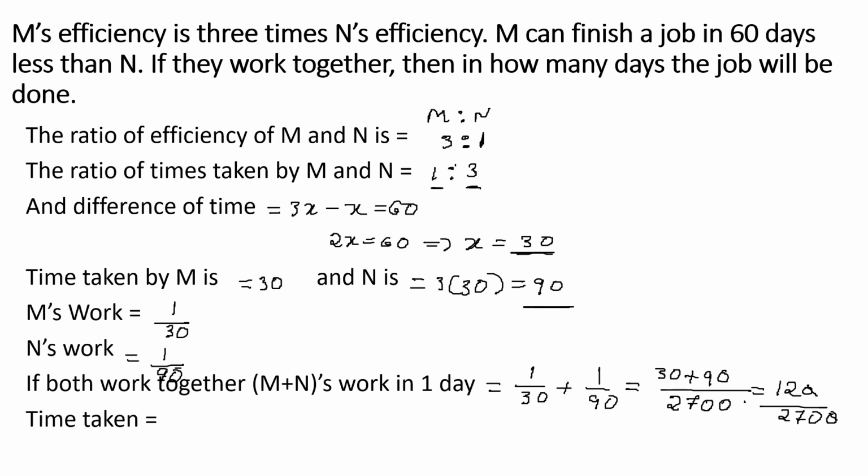So time taken will be 270 divided by 12 days. So 270 divided by 12, approximately 22.5 days. So if both of them work together, they will finish the job in 22.5 days.